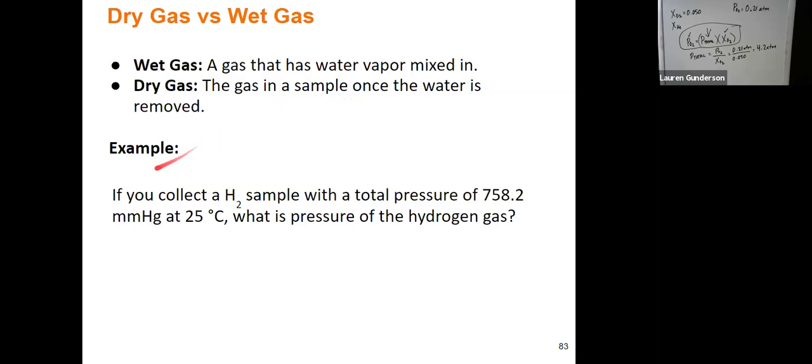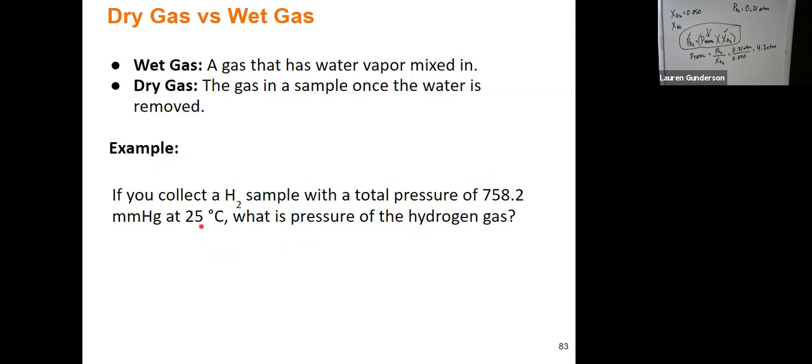All right, so for example, if you collect a hydrogen gas sample with a total pressure of 758.2 millimeters of mercury at 25 degrees Celsius, and you've collected this gas over water, what's the pressure of the hydrogen gas? To figure that out, we would look at the total pressure here, 758.2 millimeters of mercury.